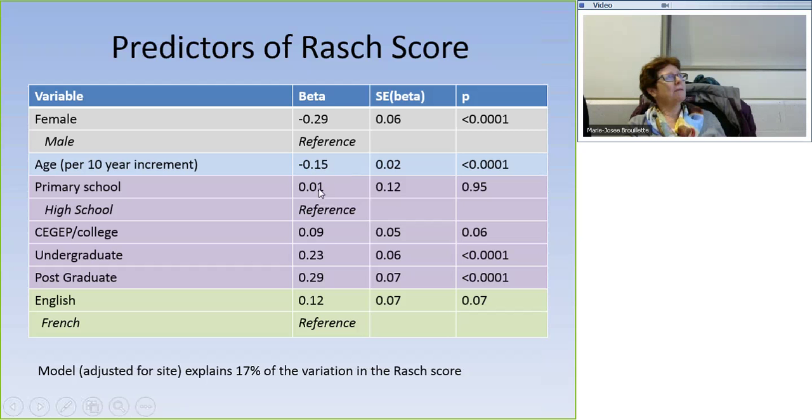So there's nothing going on here. And you can start to see that once you're hitting university, postgraduate, you're performing clinically meaningfully higher than people who are less than that, and it's also statistically significant.